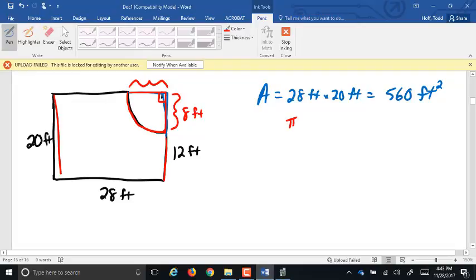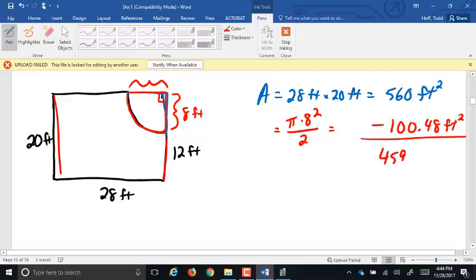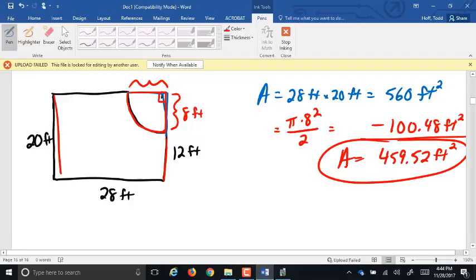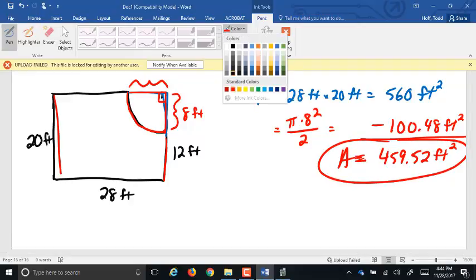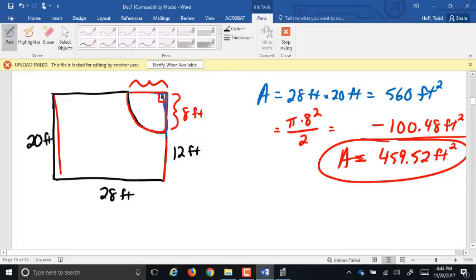So that area is pi times 8 squared divided by 2, which is going to be 100.48 square feet that we're subtracting out. So this is going to be 459.52 square feet is the area of that shape. Any questions?